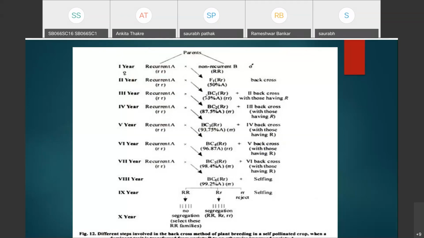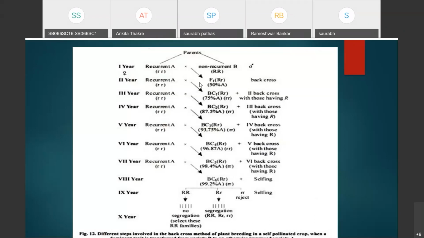From this generation also, the progenies having the disease resistance capacity of the non-recurrent parent are selected, and these are again crossed with the recurrent parent A.